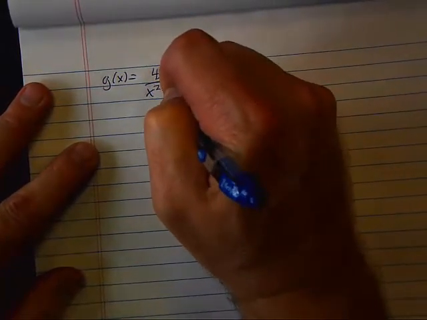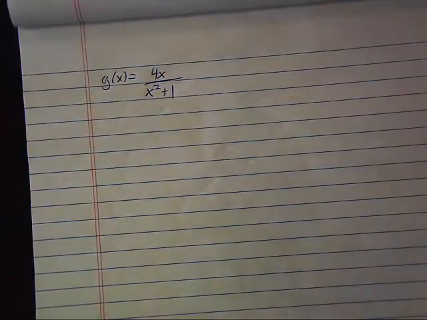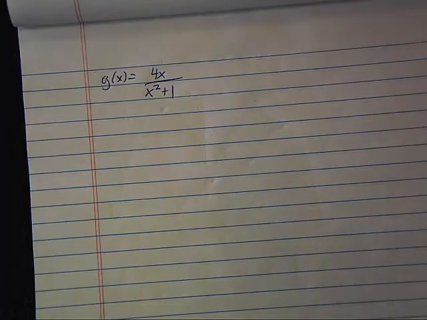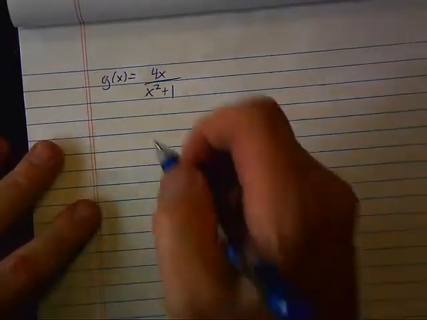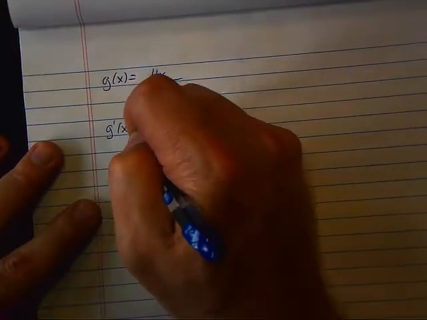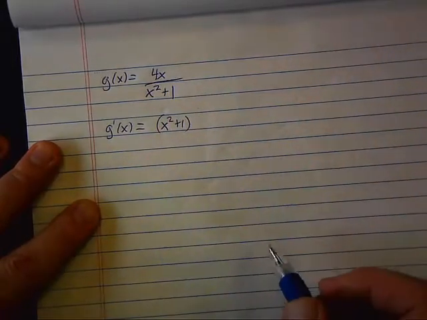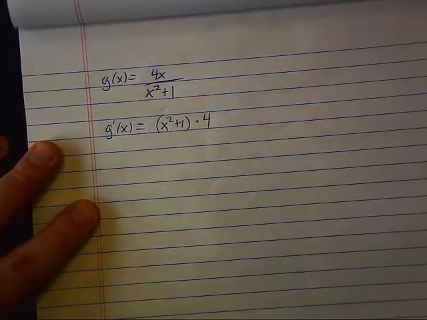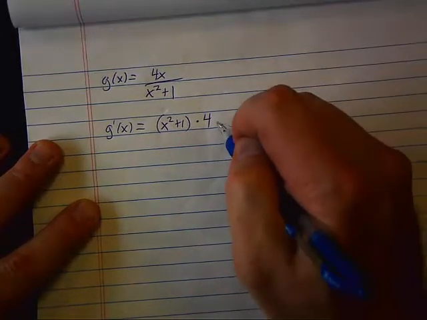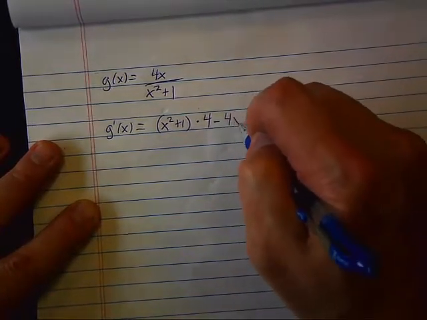Quotient rule. g prime of x is x squared plus 1, that's the bottom, times the derivative of the top, which is 4, minus the top, that's 4x, times the derivative of the bottom, which is 2x, all over bottom squared.